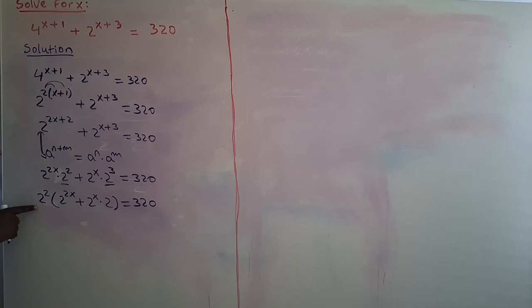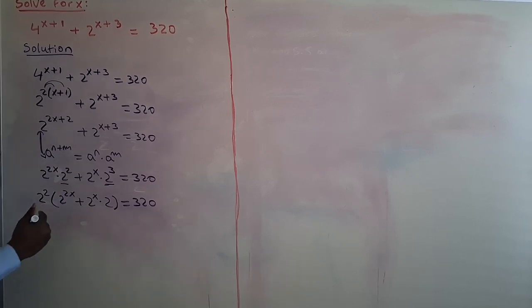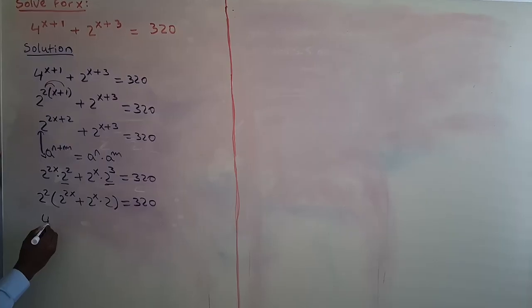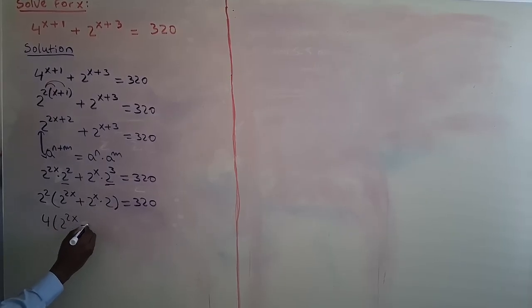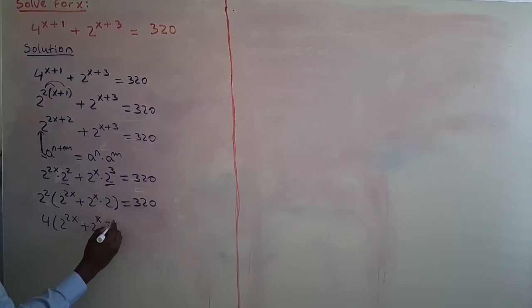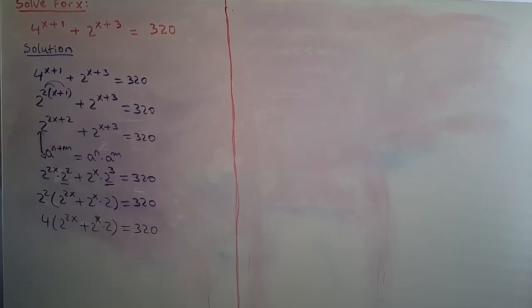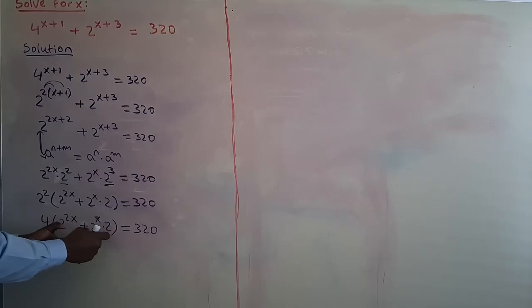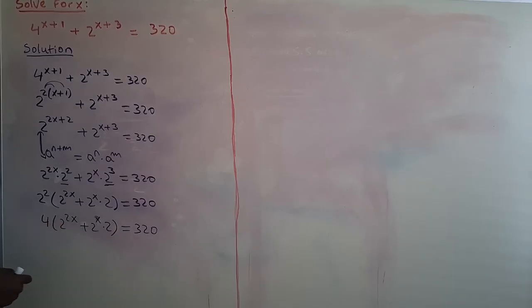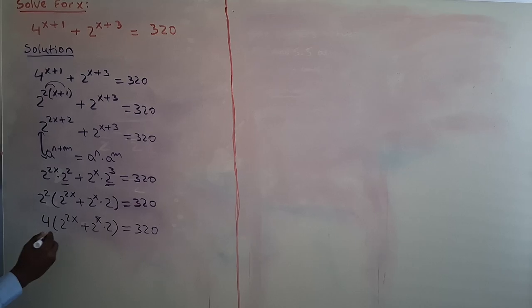Now, we're going to evaluate this 2 squared. We know that 2 squared is the same thing as 4. Then we have 2 raised to the 2x power plus 2 raised to the x power times 2 equals 320.